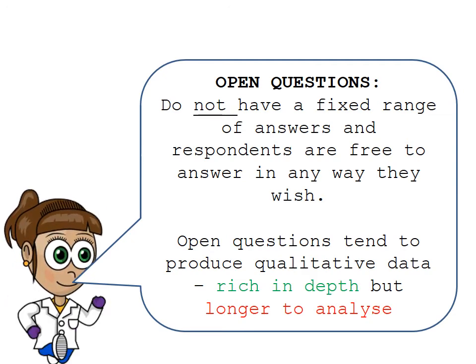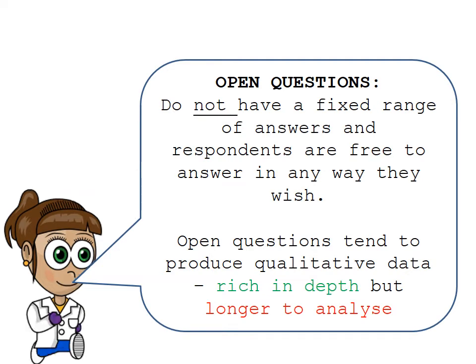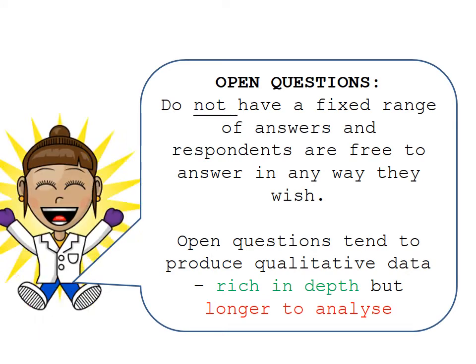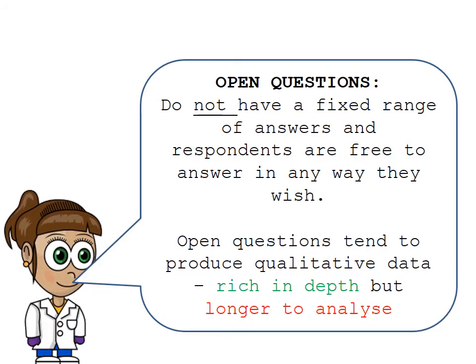So open questions tend to produce qualitative data, rich in depth, however they are longer to analyse. So an example of an open question would be, why do you feel this way? Or why do you enjoy school?